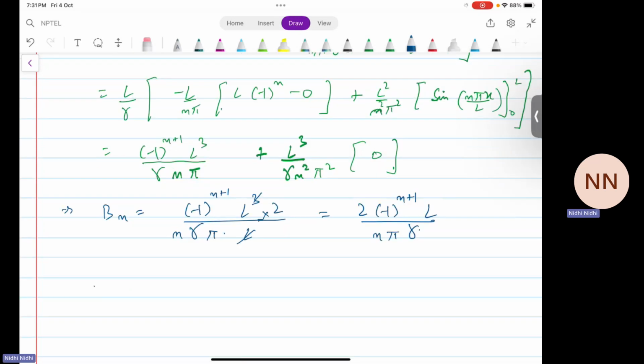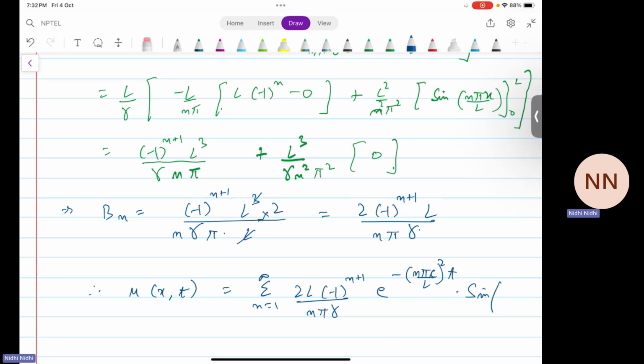Therefore, u(x,t) is equal to the summation n from 1 to infinity of 2L minus 1 to the power n plus 1 by n pi gamma, e to the power minus (n pi c by L) squared t, times sin(n pi x by L).